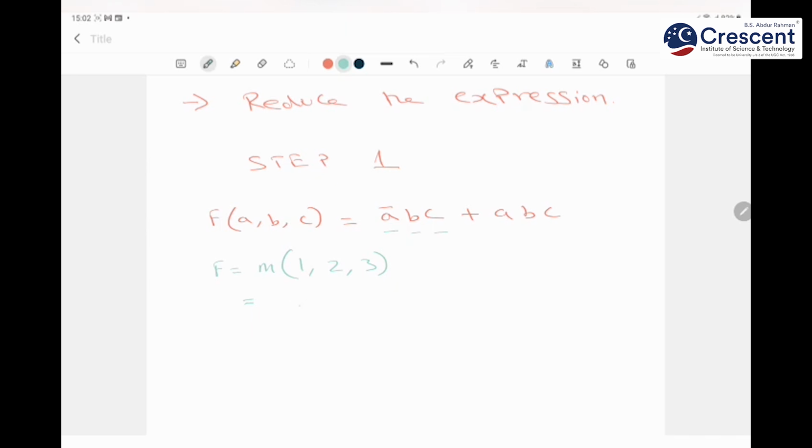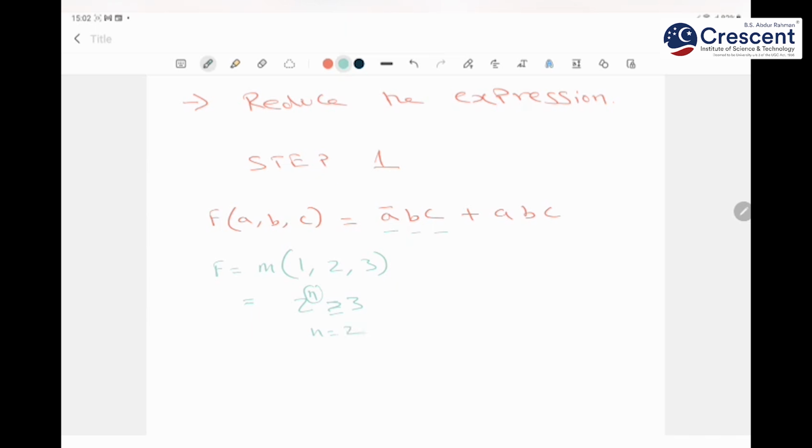Here it is 3, so using the formula 2 power n is greater than or equal to 3, you have to find the value of n. So 2 power n should be greater than or equal to 3. So n can be 2.